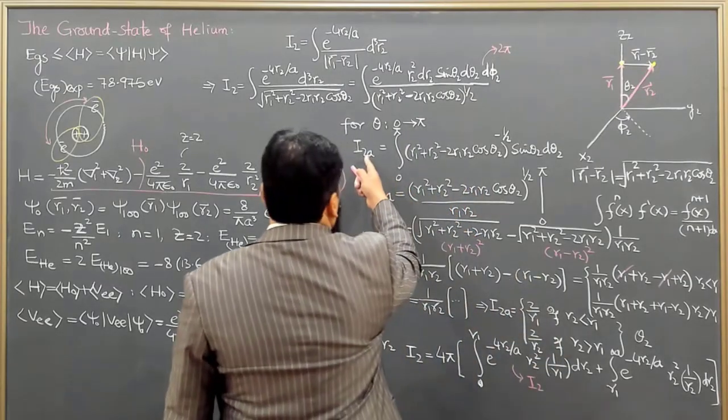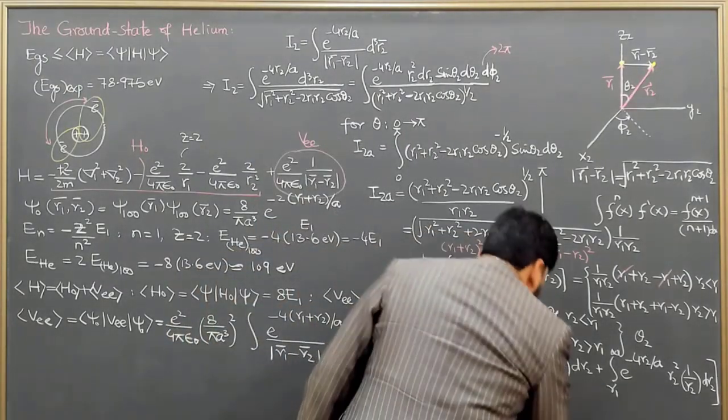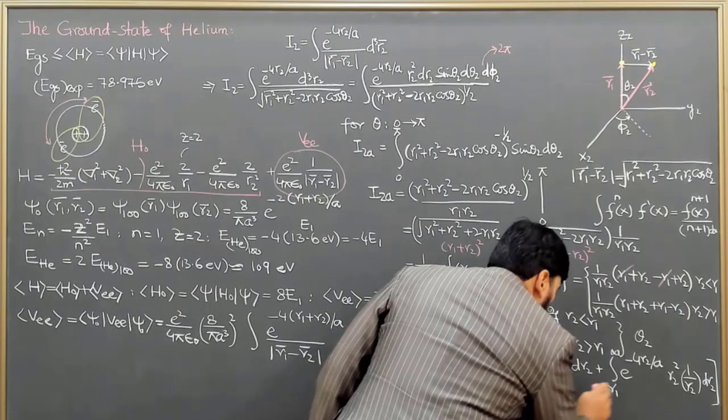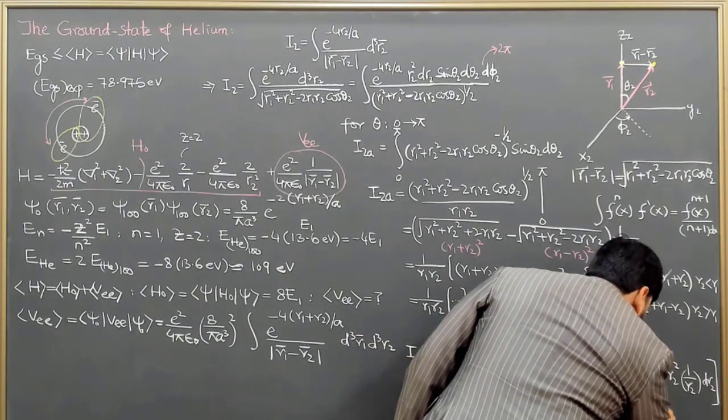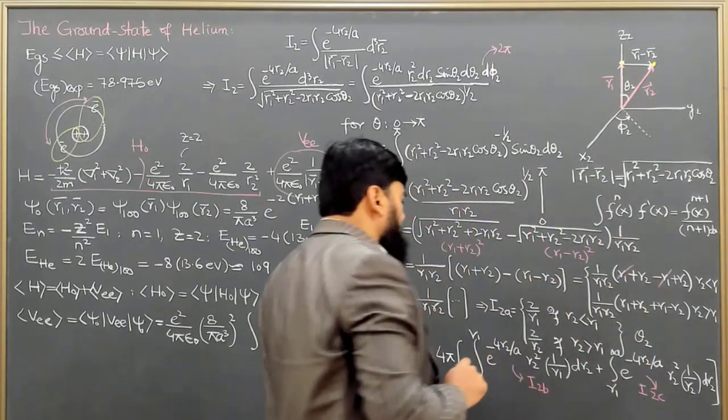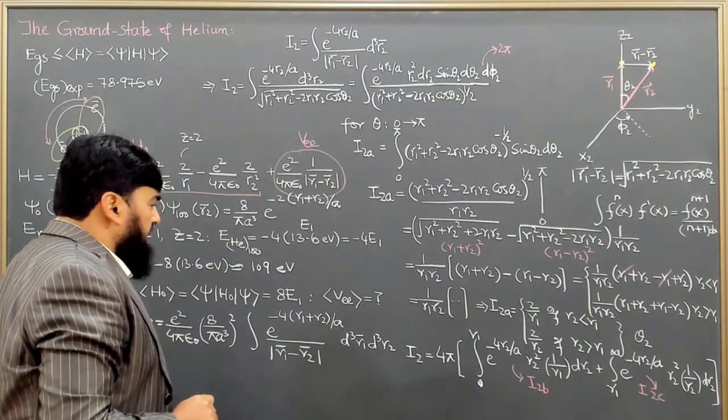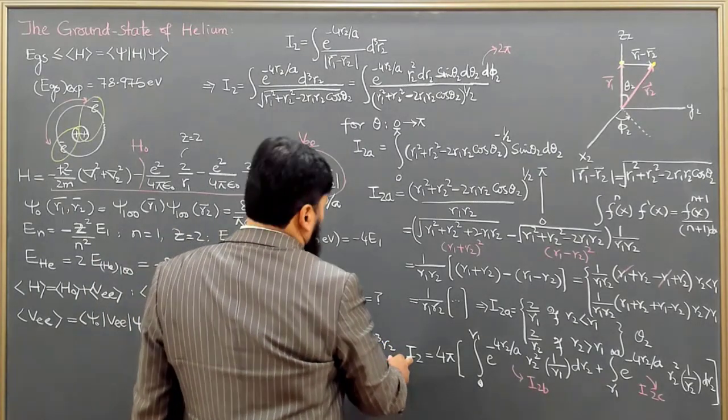The A I have utilized here, so this I can call B, and this integral is I2C, and we will solve this integral in order to get I2.